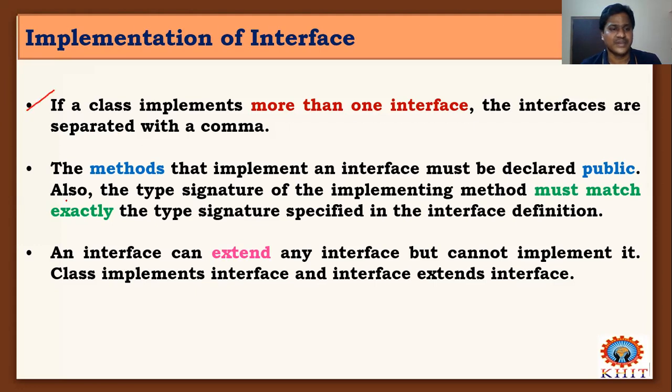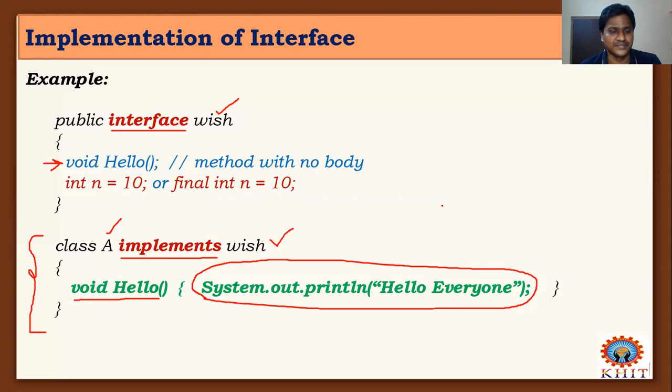And next one, the methods that implement an interface must be declared public, right? See this previous example here. This function here should be public.